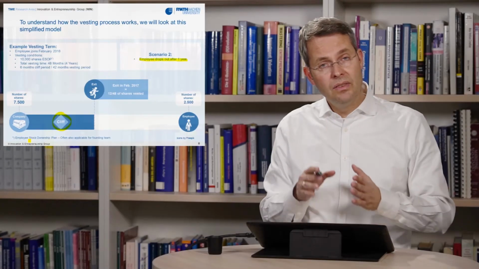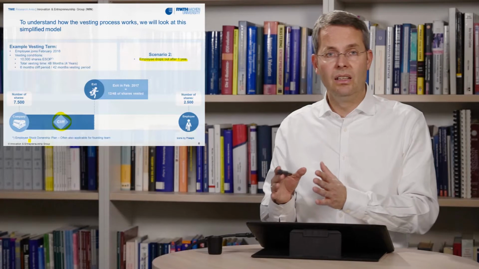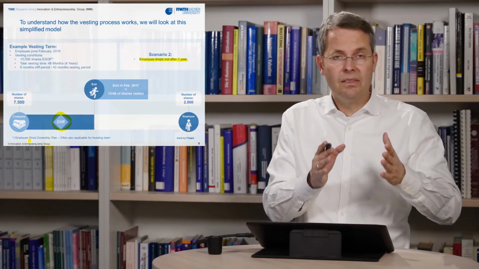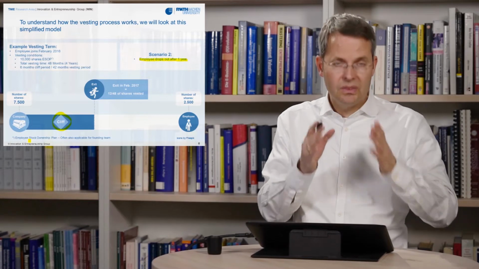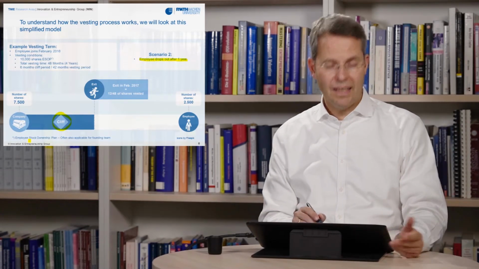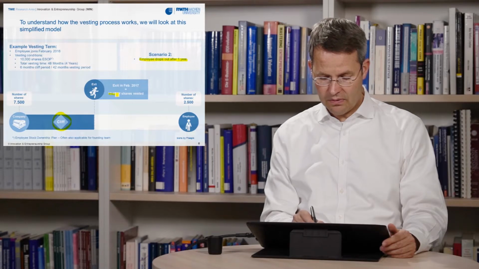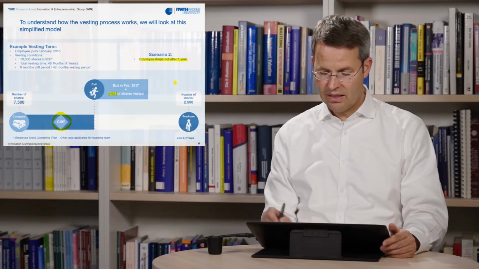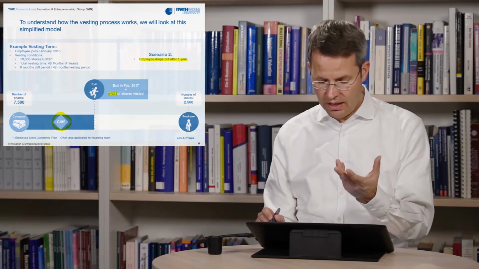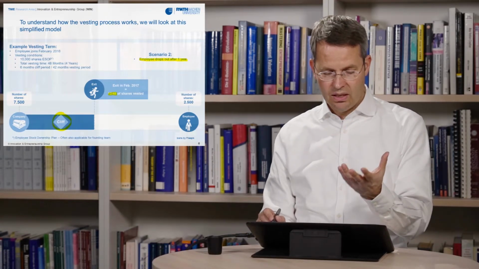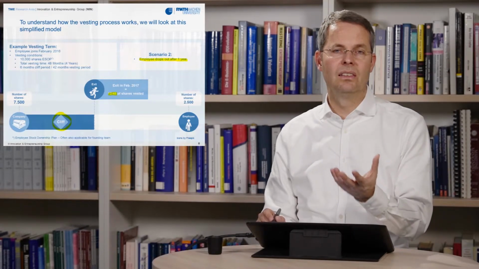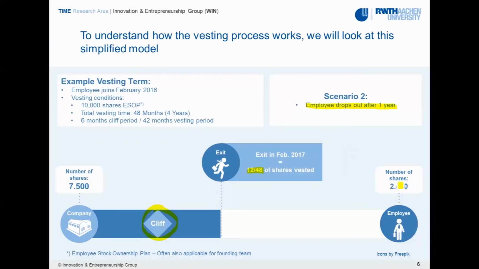If he exits in February 2017, which is exactly 6 months after the cliff, or 1 year after he started to work for the company, he gets 12 of 48 months of shares, which means he gets a quarter of the shares, 2,500 to the employee, and the remaining 7,500 of the 10,000 remain in the company.